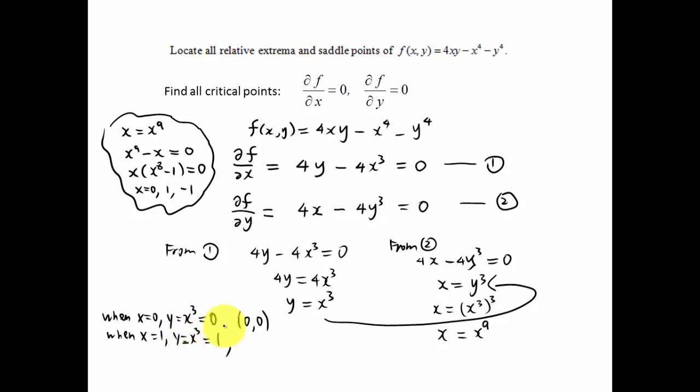So another critical point is x equal to 1, y equal to 1. And when x equal to minus 1, y equal to x to the power 3 is also minus 1. The last critical point is at x equal to minus 1, y equal to minus 1.